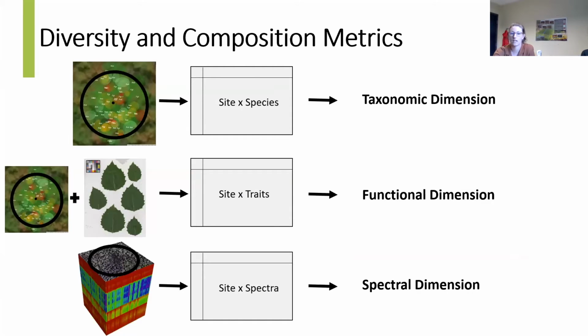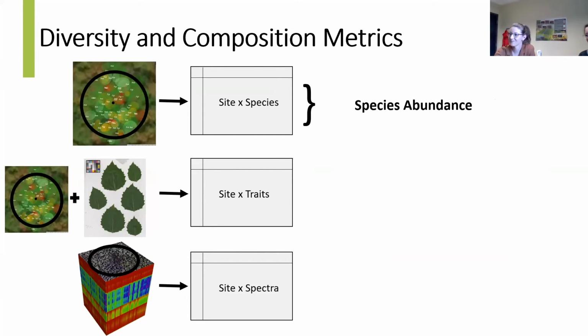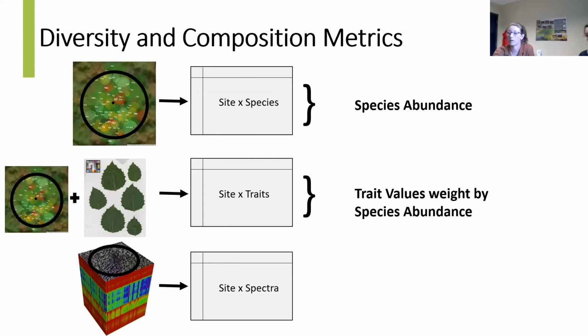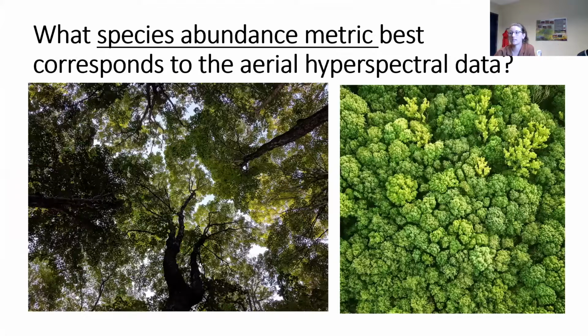In the future, as we alluded to in our introduction, we're going to look at the relationship of these dimensions with the spectral dimension of biodiversity. Essentially, within these data matrices, the values are species abundance or trait value weighted species abundance. And so we were curious which species abundance metric best corresponds to the aerial hyperspectral data.